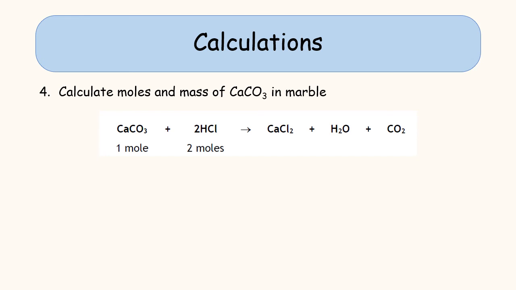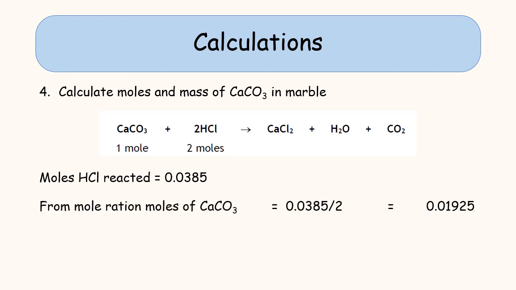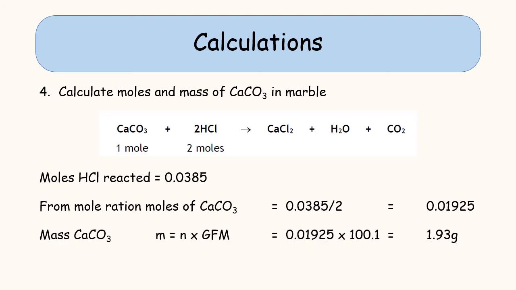Finally, we can calculate the moles and the mass of calcium carbonate. So the moles of hydrochloric acid that reacted, we have just proven was 0.0385. From the mole ratio, the number of moles of calcium carbonate is going to be, because it's 2 to 1, we're going to have to divide that by 2, which gives us 0.01925 moles, which we can turn into a mass by multiplying by the gram formula mass, which is 100.1, which gives us 1.93.